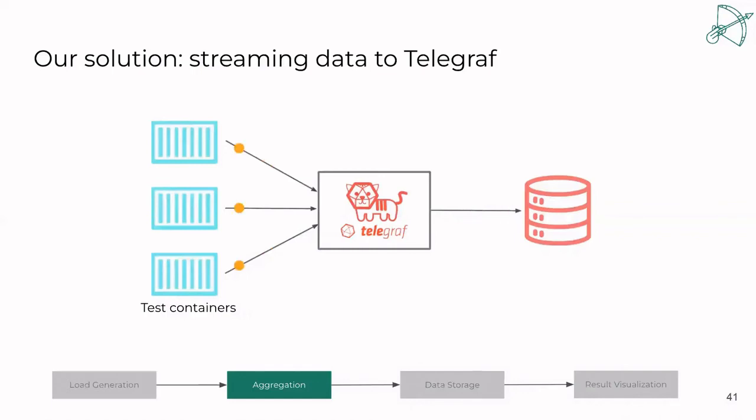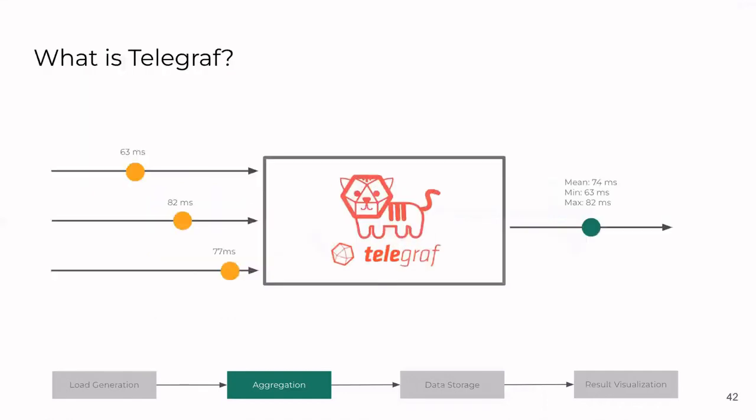After evaluating a number of data aggregation solutions, we chose a tool called Telegraf. Telegraf is described as a server-based agent for collecting and sending all metrics and events from specified input sources. Telegraf has the ability to receive data in line protocol format, making it compatible with K6.